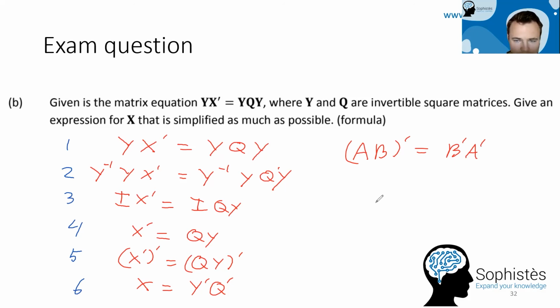So the rule that I applied from step 3 to step 4 is that if you multiply the identity matrix with a matrix, you just get A. So it is basically like 1 times 4 will just give me 4, right? That's the rule I applied there. So I times X would just be X, you see that? I times Q would just be Q. That's the rule I applied there. Okay, any other questions?